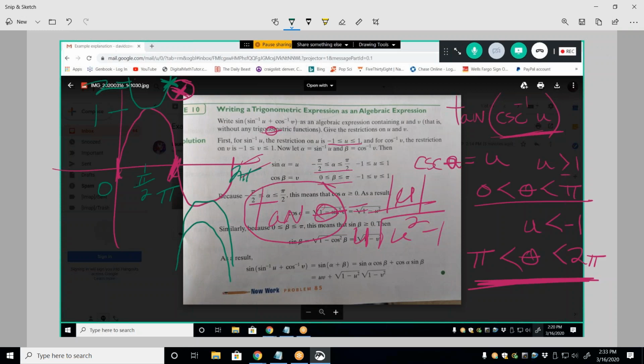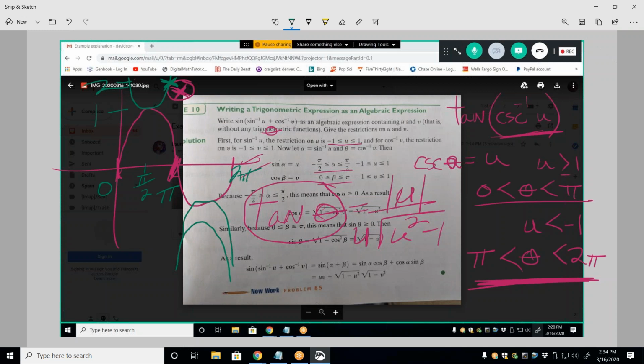Absolute value of 2 is going to be 2. That's going to be positive. We're going to end up with the tangent of theta being a positive number, even though theta is in the second quadrant and should be negative. Or the tangent of theta should be negative.